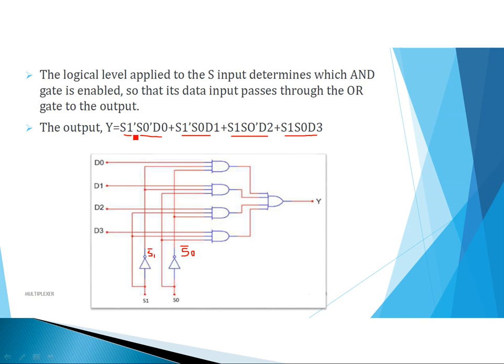So now the first term is S1 bar S0 bar D0. So here we use the 3 input AND gate.